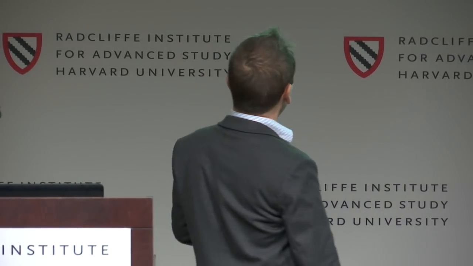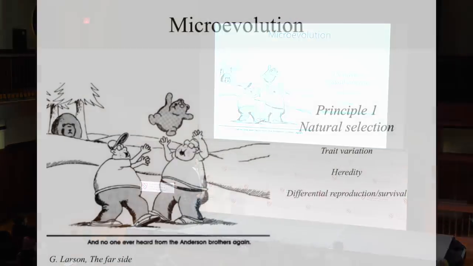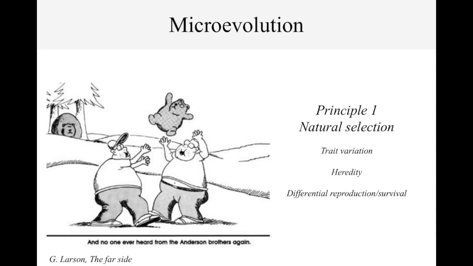That's it. That's pretty simple. That's just the core of Darwinian theory. And here you have the Gary Larson explanation of it: short-sightedness is probably not something you would expect to evolve. So that's the first principle, and everybody, I'm sure, knows about it.